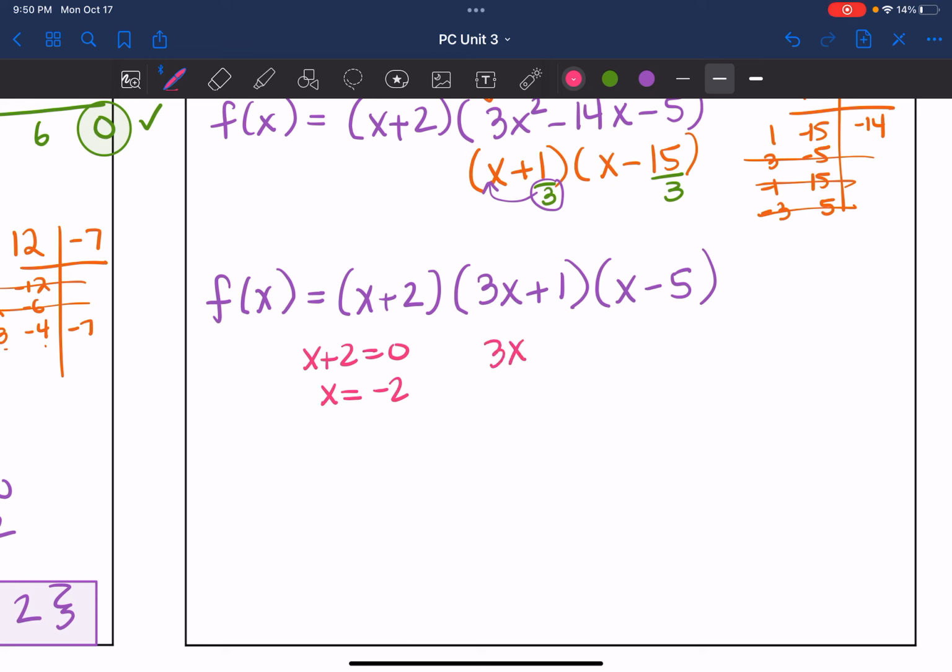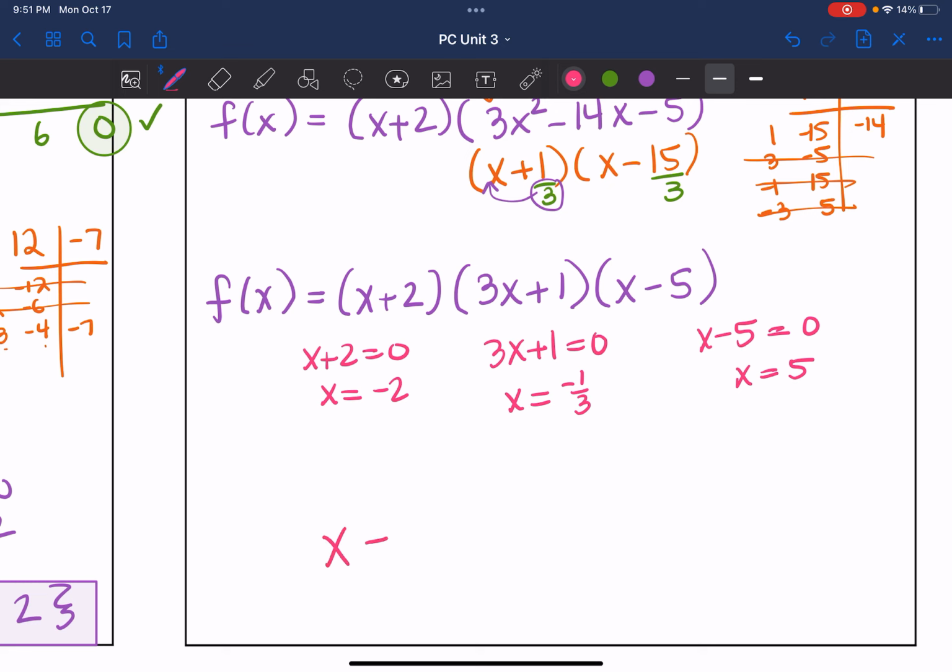Then here, 3x plus 1 equals 0 means that x would equal -1/3. Okay, and then the third one, x minus 5 equals 0. Add 5 to both sides, so x would equal +5.